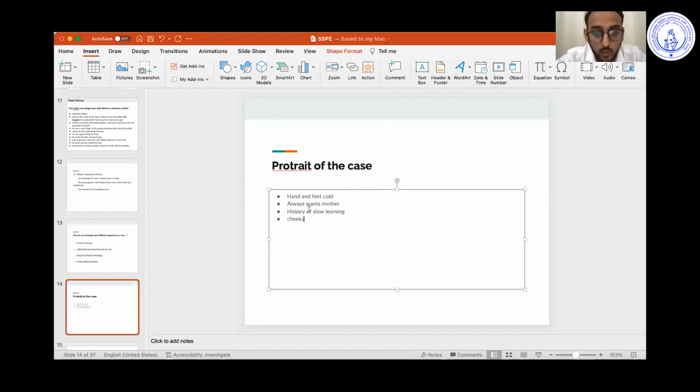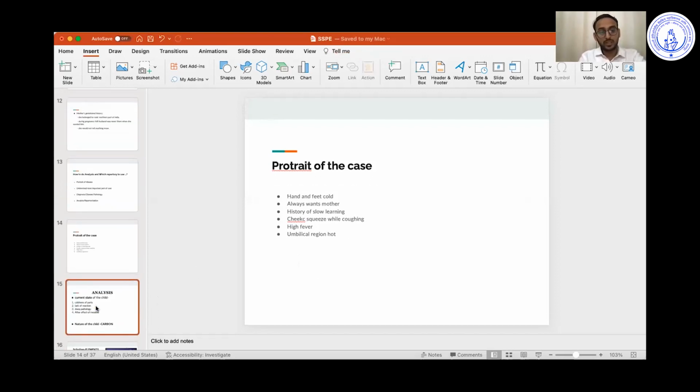Cheeks squeezing while coughing. Yes, very important symptom. Very good. And high fever. Umbilical region hot. Yes, so we have many important clinical symptoms in this case, and not many mind symptoms.